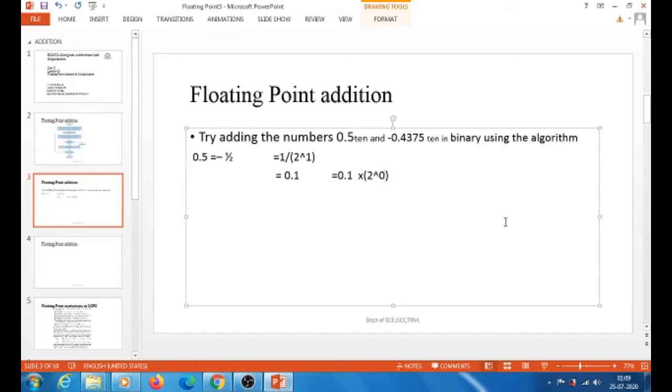So this is not the normalized one, because if we want to keep this notation in normalized form, then what we need to do is place 1 to the left of the decimal point.